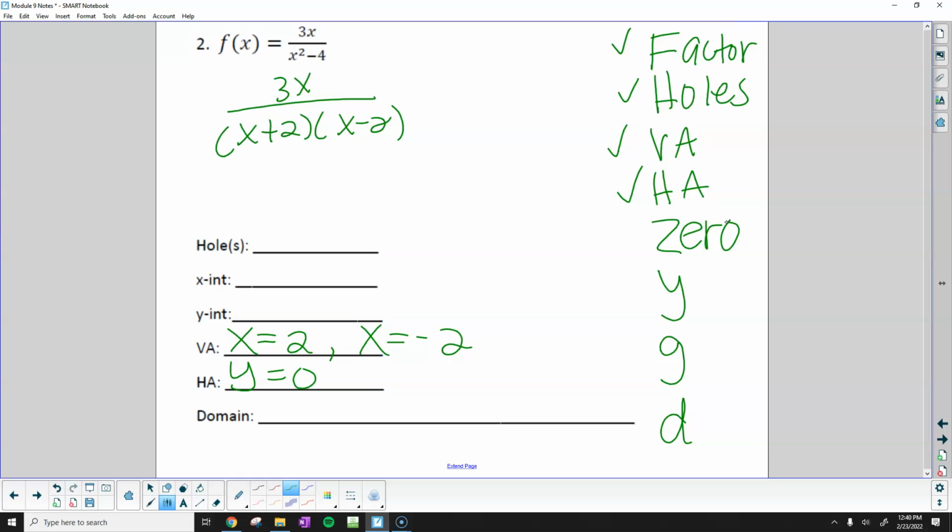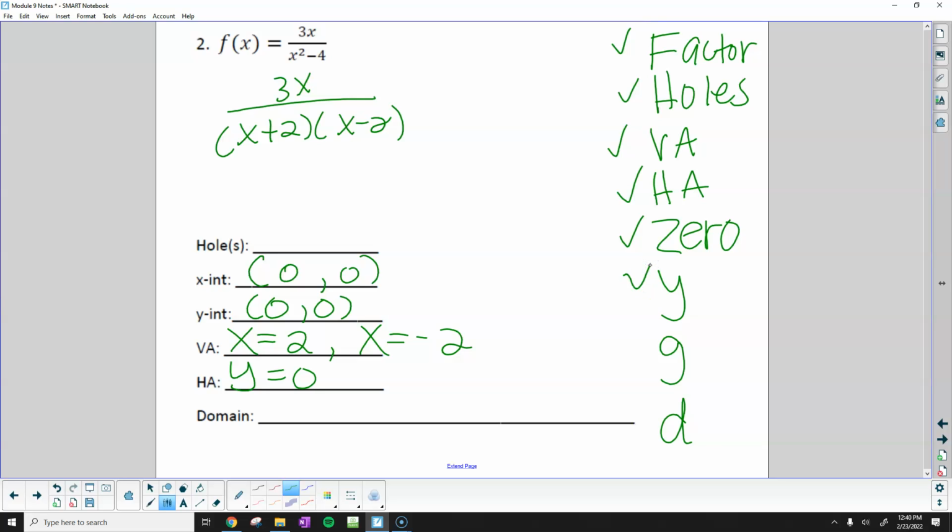So on your numerator, if you just have a single term for your x, nothing added or subtracted, it goes to the origin. I know that this graph goes to the origin because there's no addition or subtraction with the letter x. So that's the 0. And guys, since it goes to the origin, that's the same exact thing as the y-intercept.